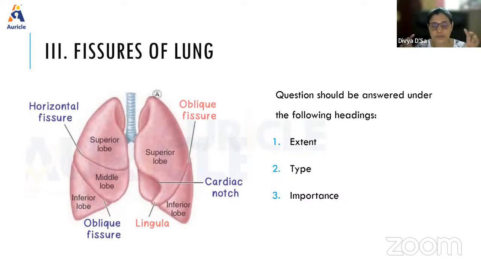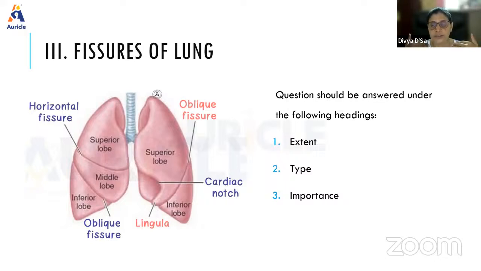So when the lung has to expand in all directions and you need to have the full extent of lung expansion, because of the shape of the thoracic cavity, it moves in different directions.